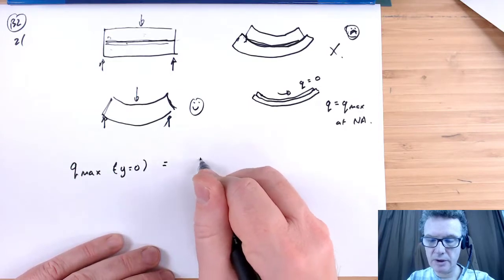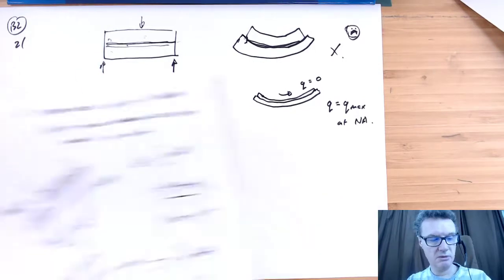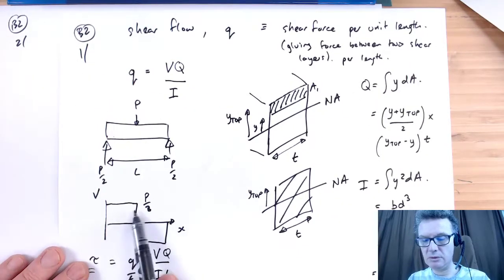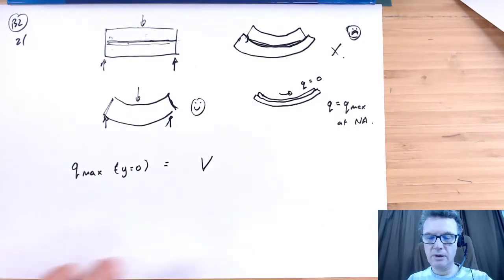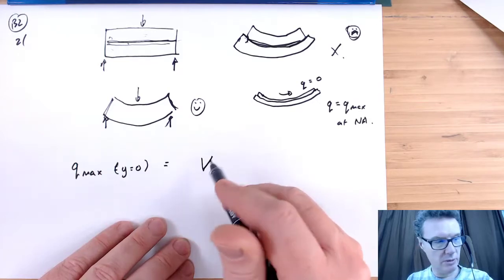Your shear force value for this simple problem is going to be P over 2. We assume that this flips suddenly, so it's either P over 2 or minus P over 2. I'll put in P over 2 in a minute.